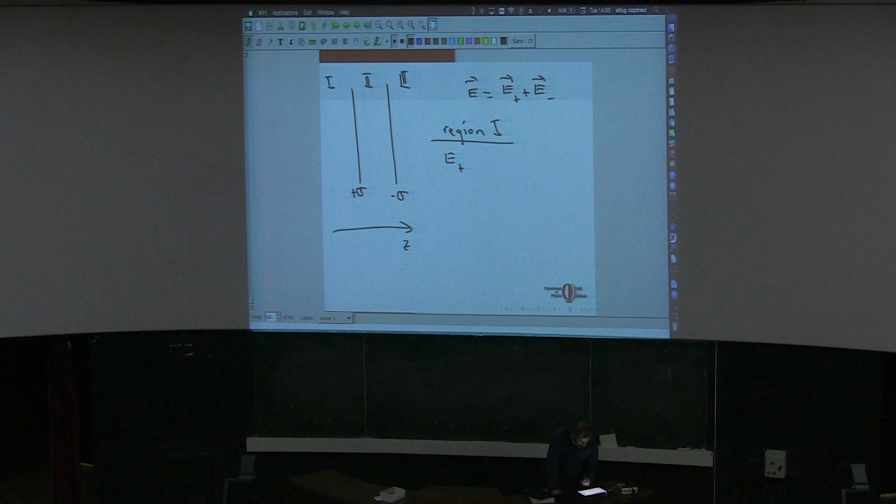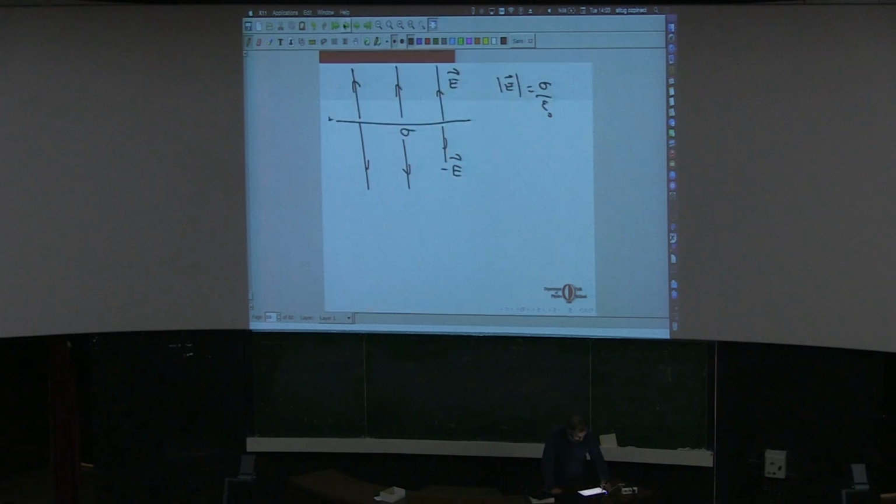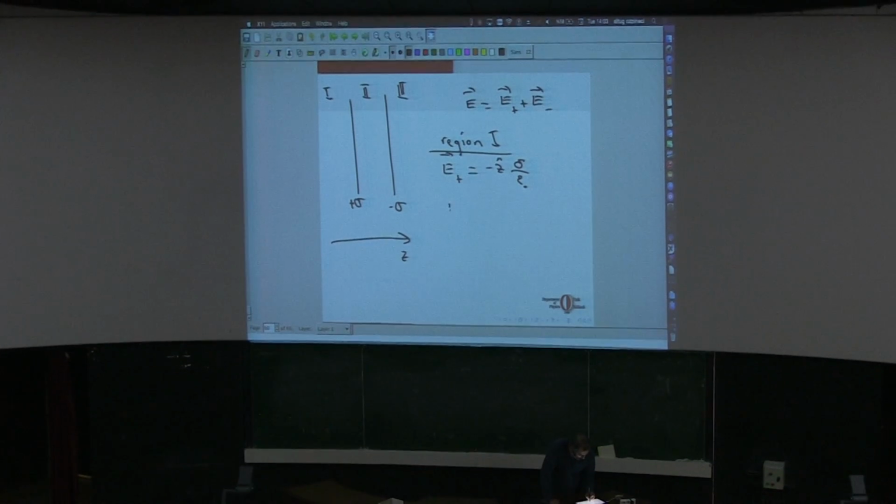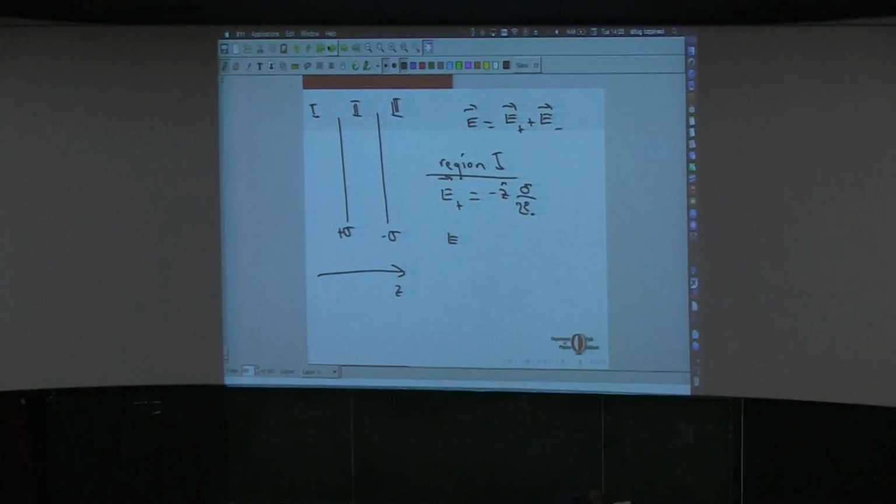What is the electric field created by the positive charge? Well, it is in the minus z direction. Magnitude: sigma over 2 epsilon 0.